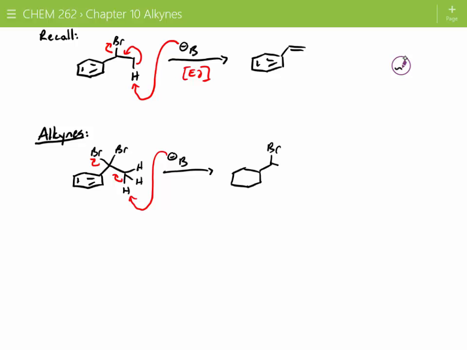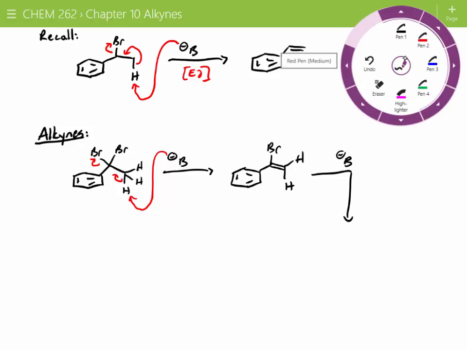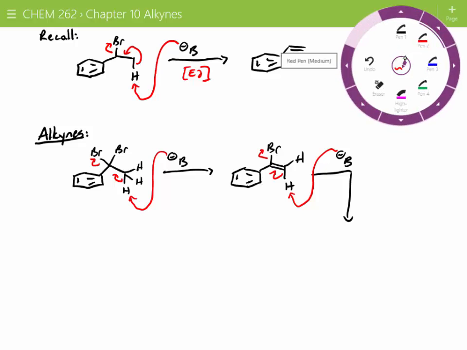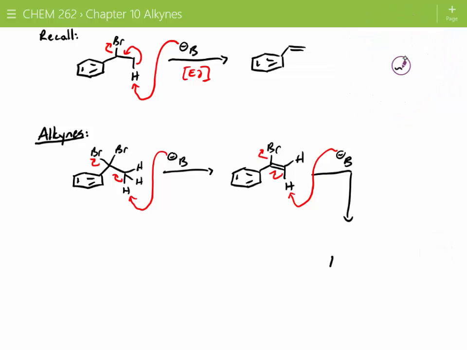It leaves one bromine behind. Then if we have a second equivalent of our base, we just do this one more time. This was the problem of the day we saw last term, where we kick off the bromine that's remaining, and we form phenylacetylene.